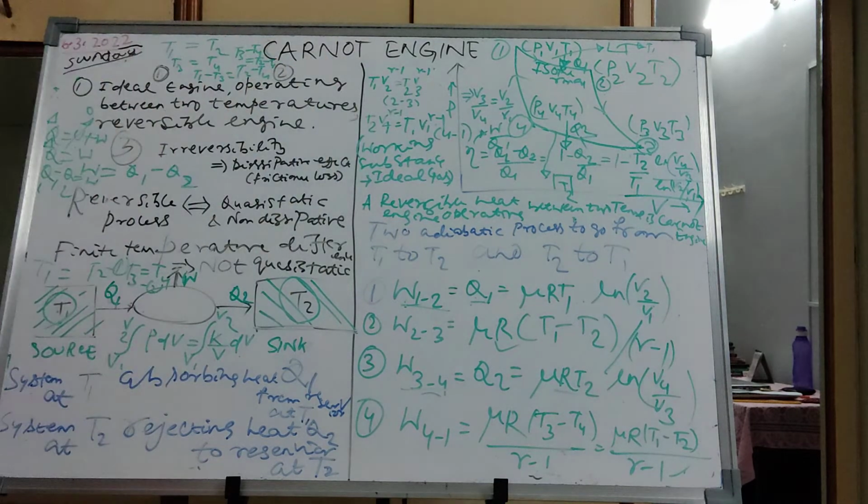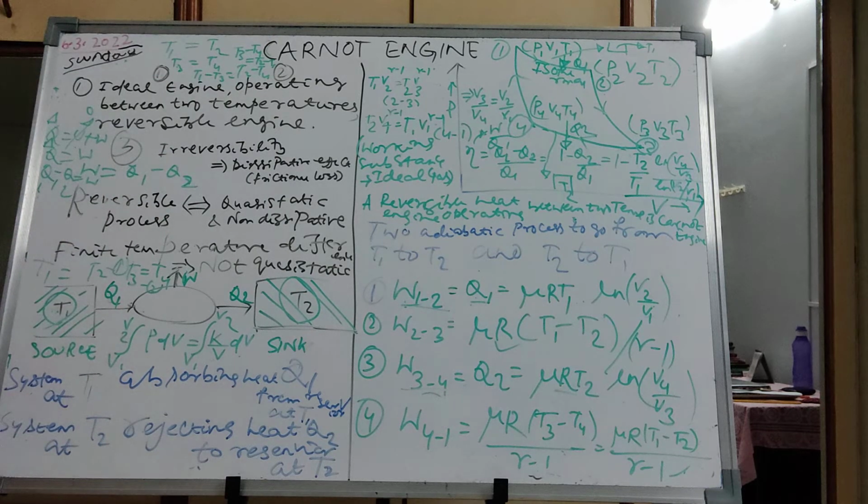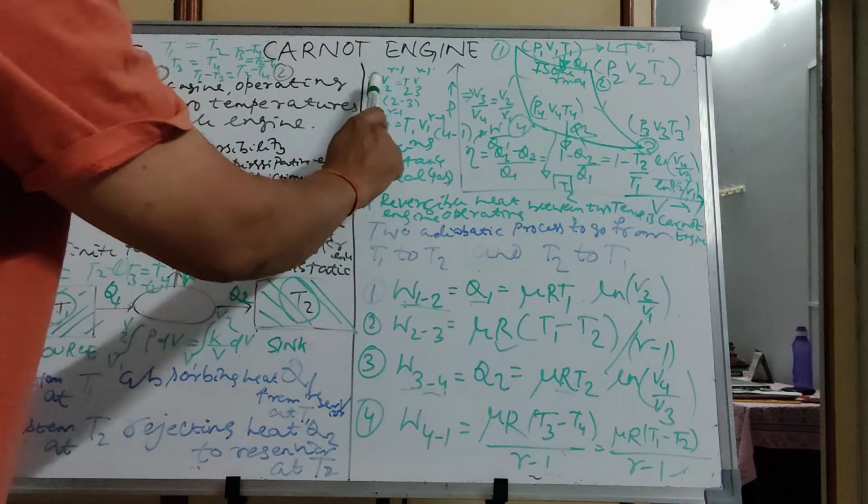From this equation, in an adiabatic process, not only PV to the power gamma is equal to constant, but also TV to the power gamma minus 1 is equal to constant. That is, PV to the power gamma can again be written in terms of temperature and volume. I'll explain how it is.